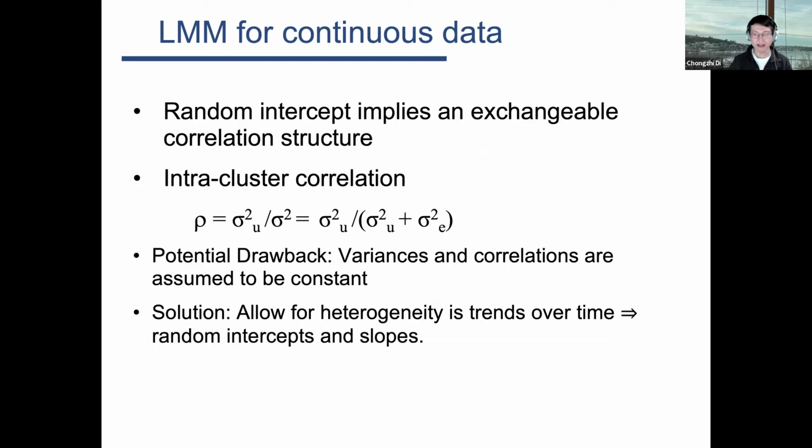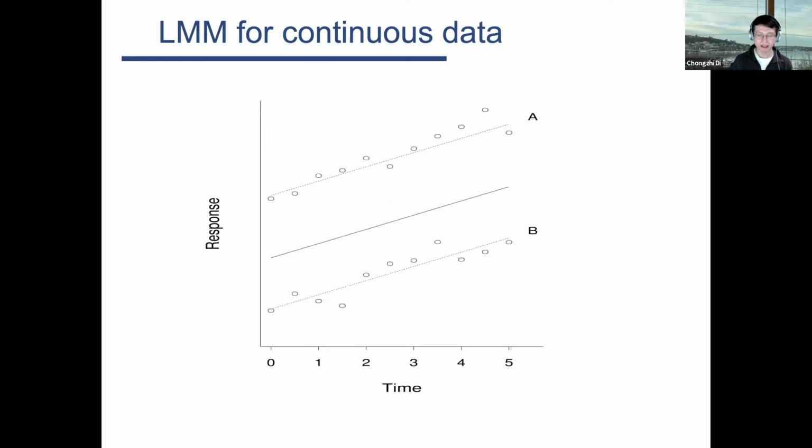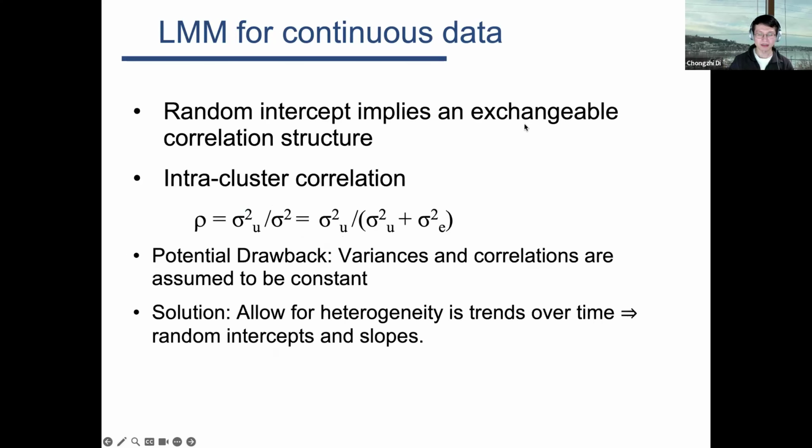So this is about the random intercept model, both from the graphs and also from the mathematical formula. You can see that this model is saying that we allow different individuals to have the same slope, but different starting points. But because the slope is constant, the implication is that the variance will be constant over time.